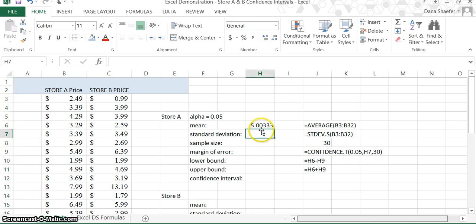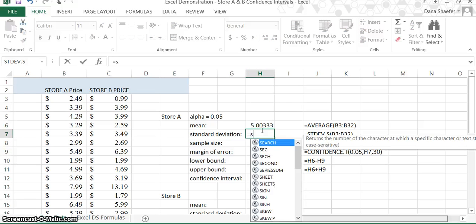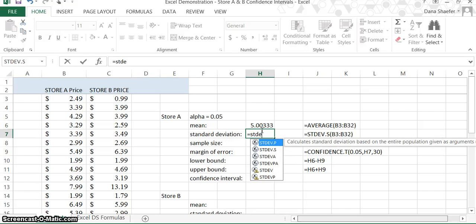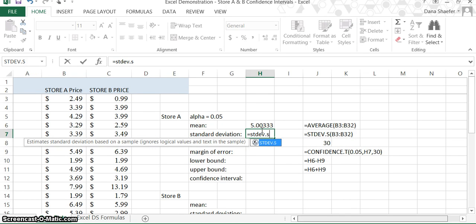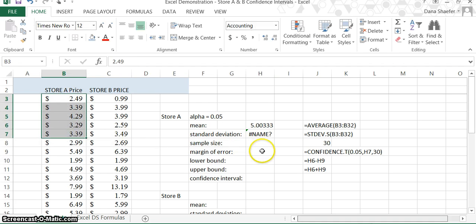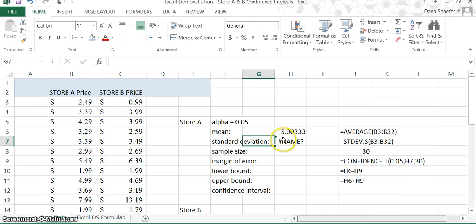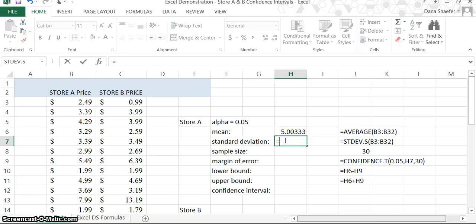Then we're going to do the standard deviation. So the same thing. So equal standard deviation of the sample, so dot S. And I'm going to go over here and I'm going to highlight those same values again. Oops. Let me try it one more time. Equal, I think I didn't put the parentheses.